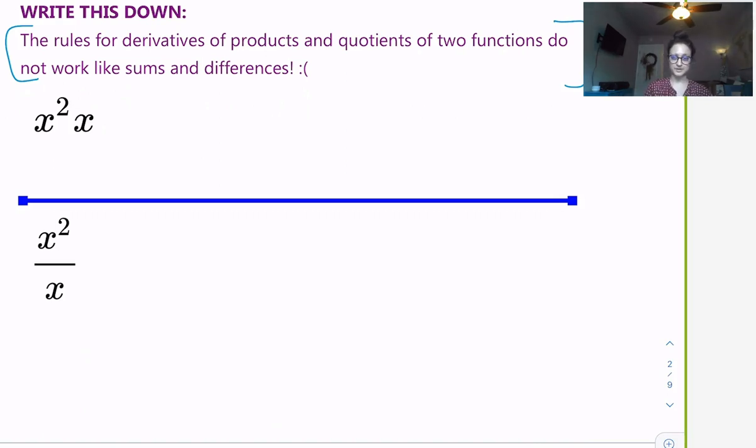So if I try to find the derivative term by term, if you will, and multiply them together, the derivative of x squared, we said, is 2x, times the derivative of x is 1, and that's equal to 2x, right? Okay, let's test that and see if that's the correct derivative.